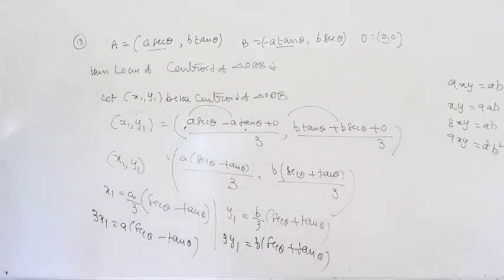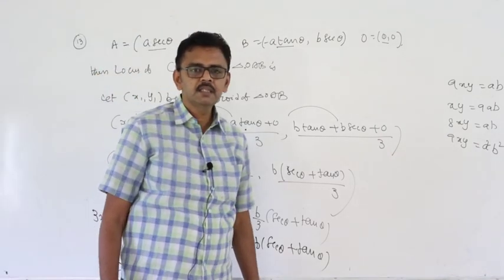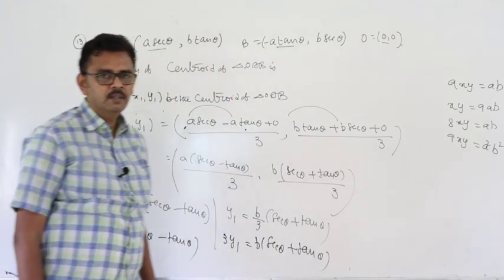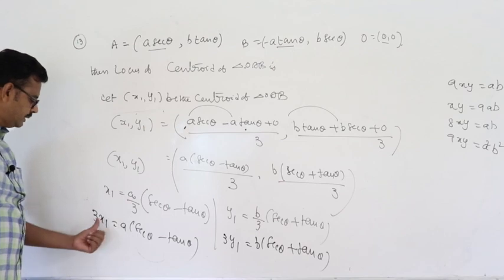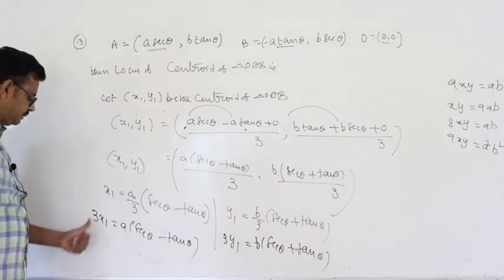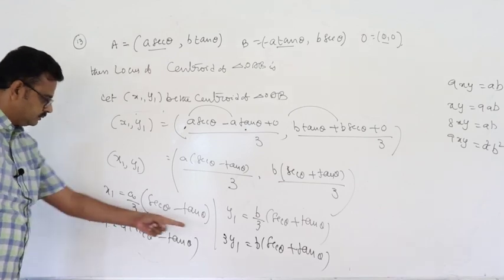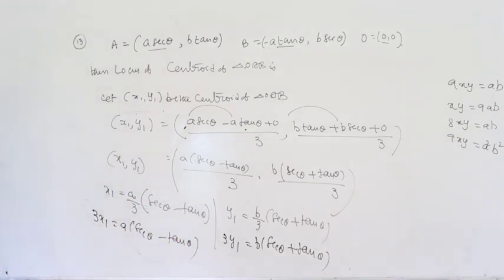Now, the relation between secant theta and tan theta is secant square theta minus tan square theta equal to 1. Then how is it possible? If you multiply these two, it is possible. Multiplying 3x1 into 3y1, multiplying these two.